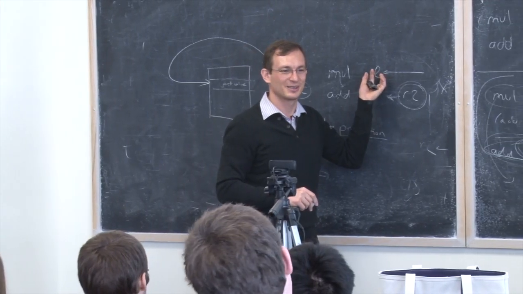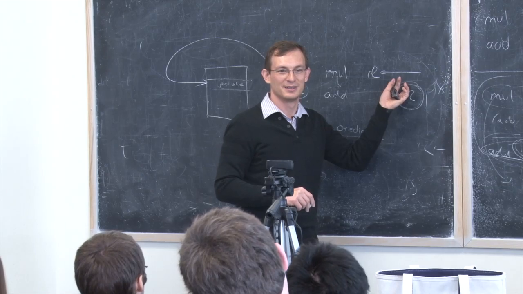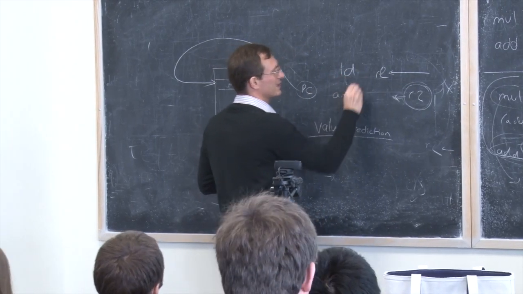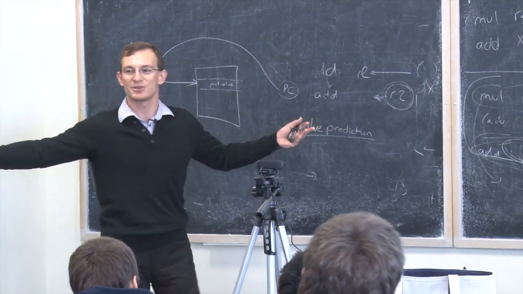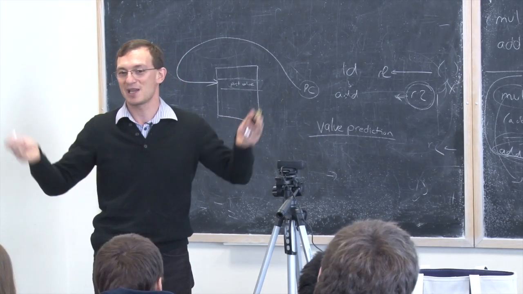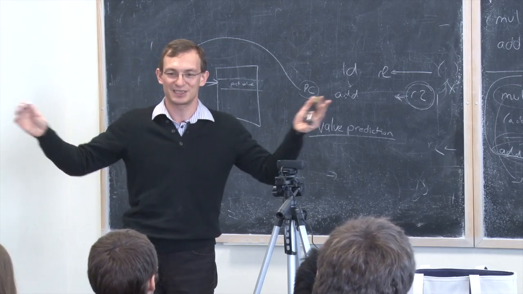Or could this work? If the values are stable, it could work, right? For example, it could work if this is a load instruction, and you're loading from an array that's all zeros. The values happen to be all zeros, or the values happen to be similar.